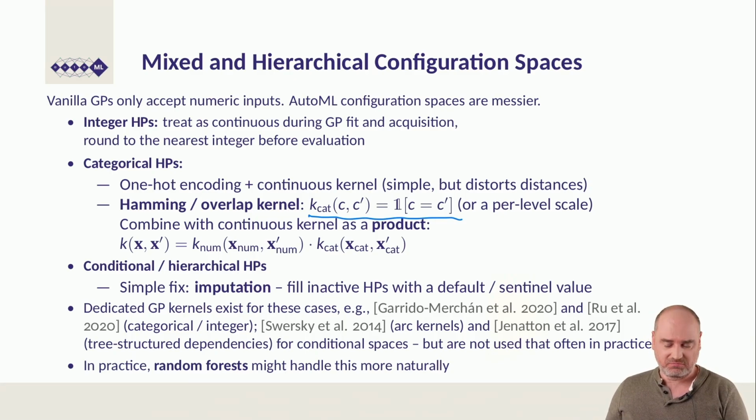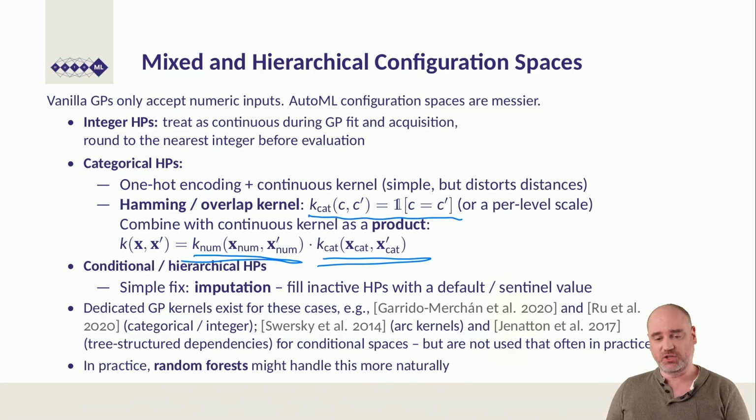And if the level is not the same, then we would say it's 0. And then the most common idea is to model the numerical part with a numerical kernel, as we have seen before, RBF kernel or a Matern kernel, and then model the categorical stuff with such a Hamming kernel, and then form the product between the two as a composite kernel design, so to speak, and optimize over this.